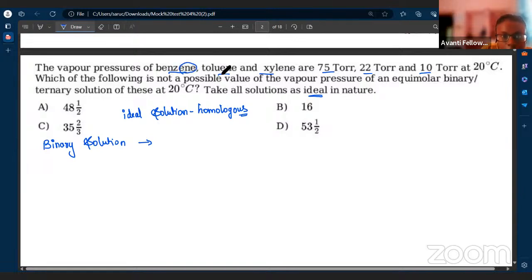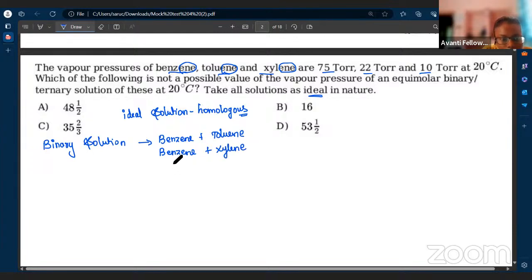So here I have benzene, toluene, xylene. Everything has a double bond, right? These are all homologues of benzene. So what are the possible binary solutions? The first one is benzene plus toluene. The second one is benzene plus xylene.